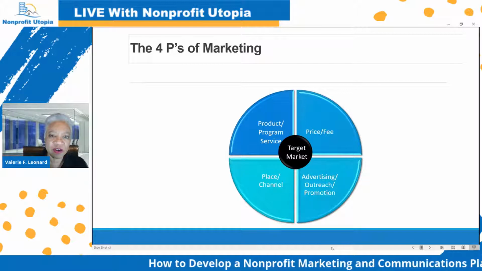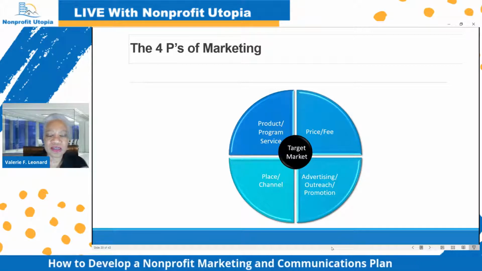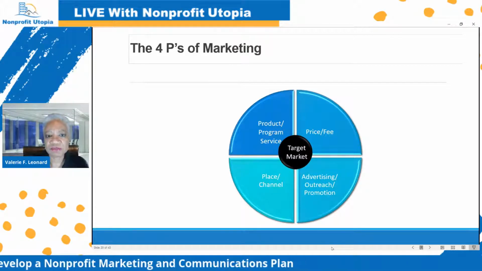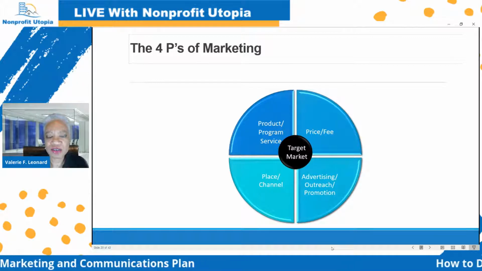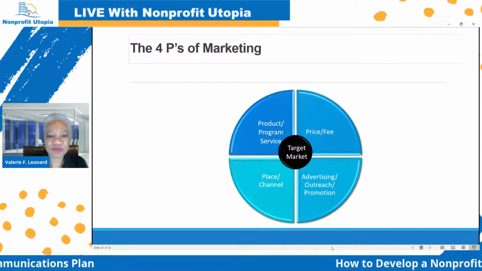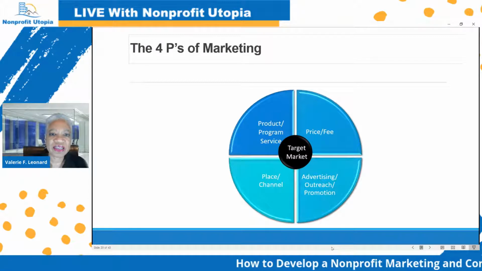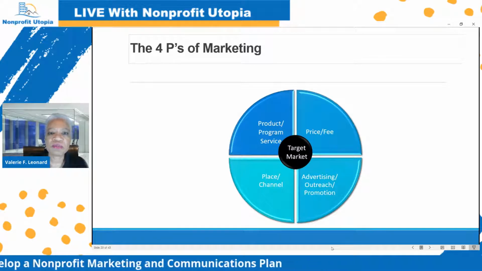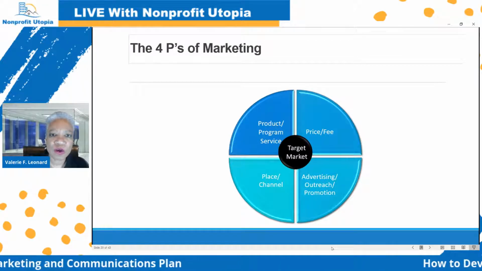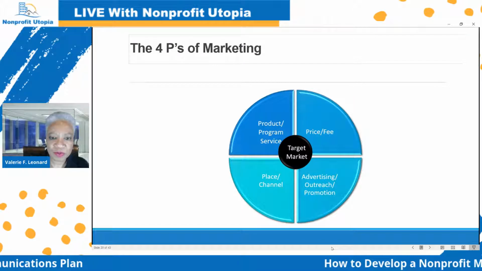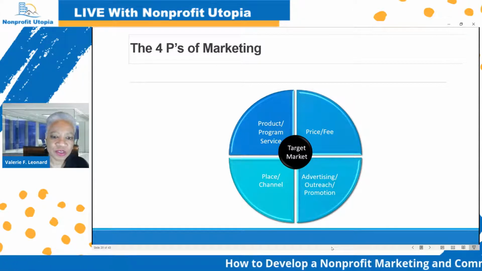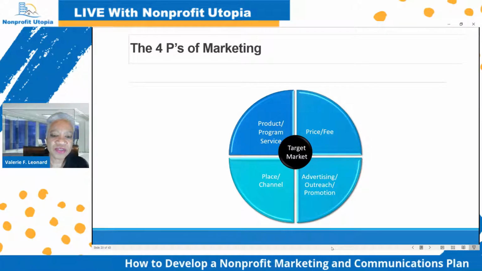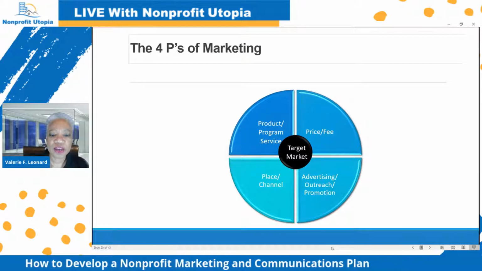And if they're comparing you against another organization and your cost for providing the service is significantly higher than a similar organization that's serving the same community, then they're probably going to go with that lower cost per client or per person served.